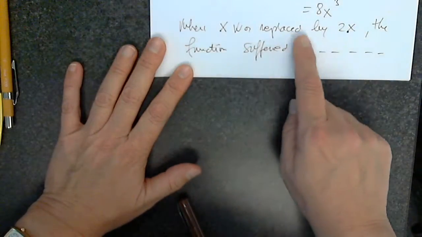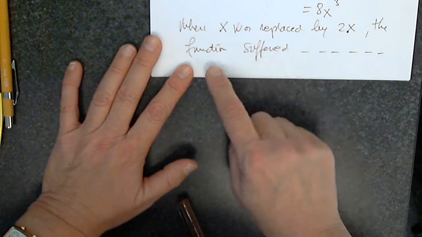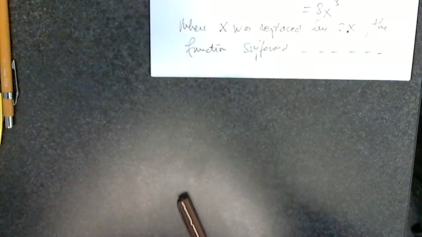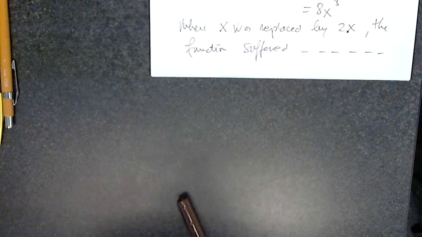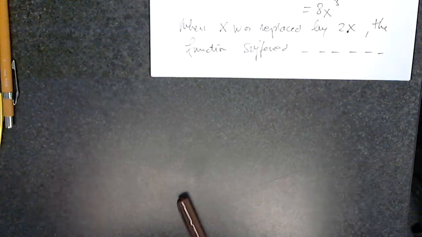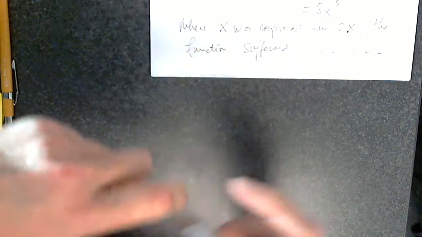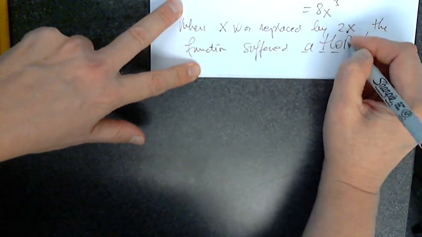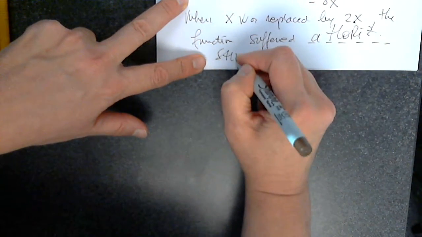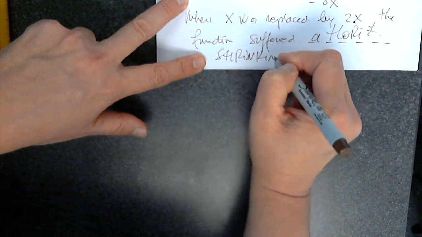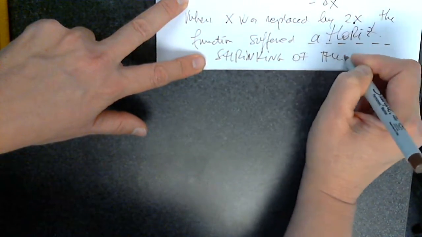So when x was replaced by 2x, the function suffered not a horizontal stretching as expected, because I multiplied it by 2, but horizontal shrinking by a factor of 1/2. It's just the opposite. A horizontal shrinking of the graph.